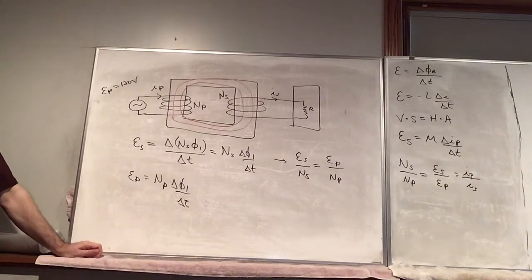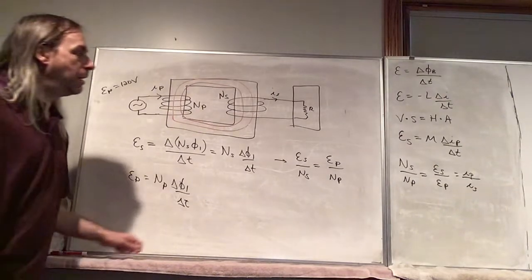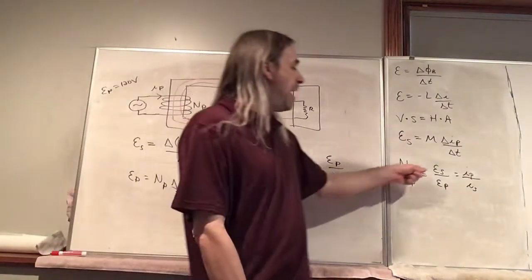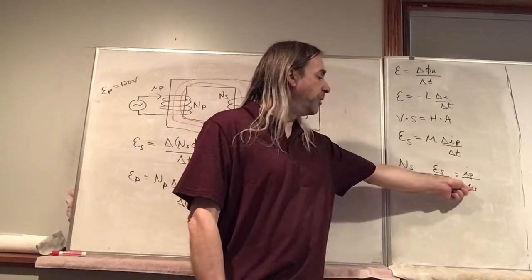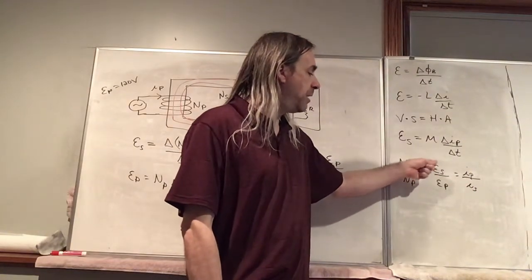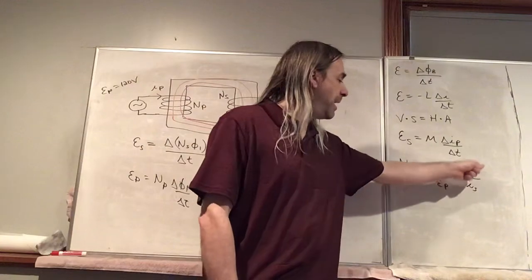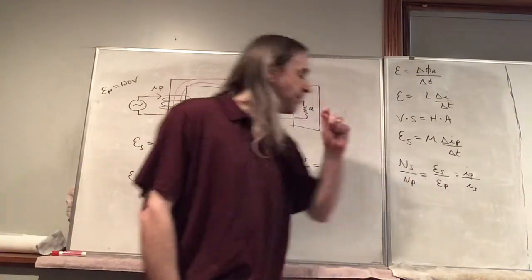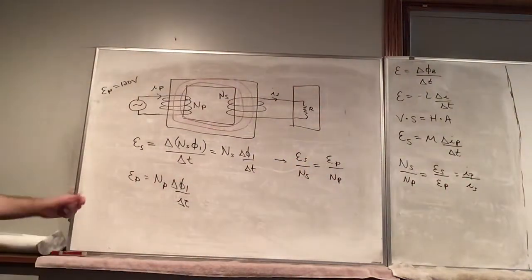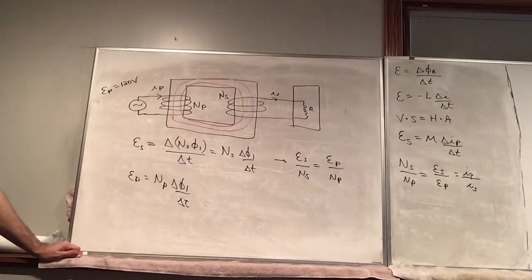Not 100% accurate, but if we make that assumption, remember power is current times voltage. So if we cross multiply here, we see ES times IS equals EP times IP. That means that the power in the primary and the secondary are equal. So we have this inverse relation for the transformer.